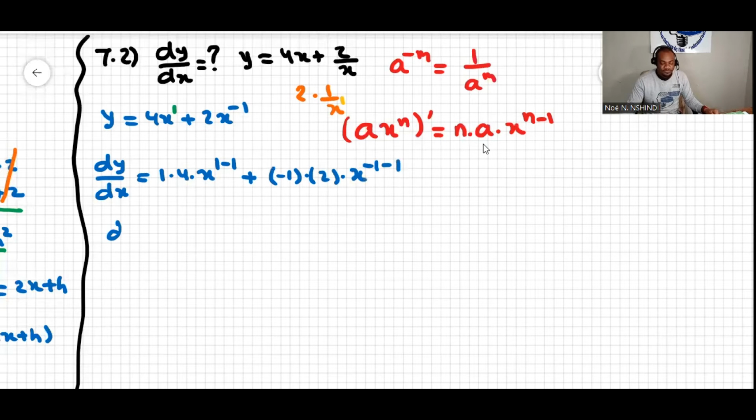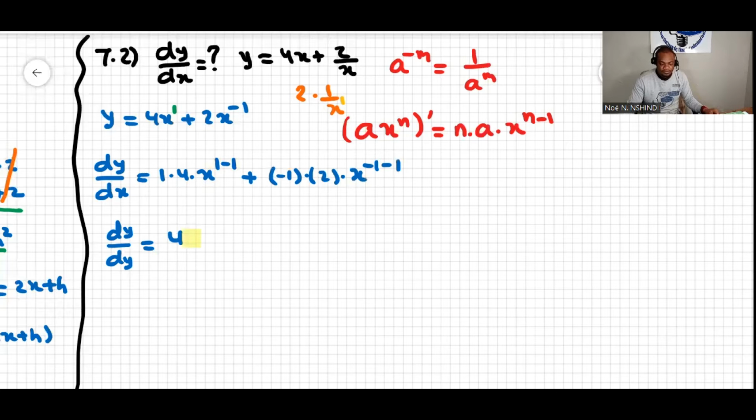Now, the derivative dy dx will become 4 times x to the power of 0. x to the power of 1 minus 1 is x to the power of 0, and x to the power of 0 is 1. So 4 times 1 is 4.